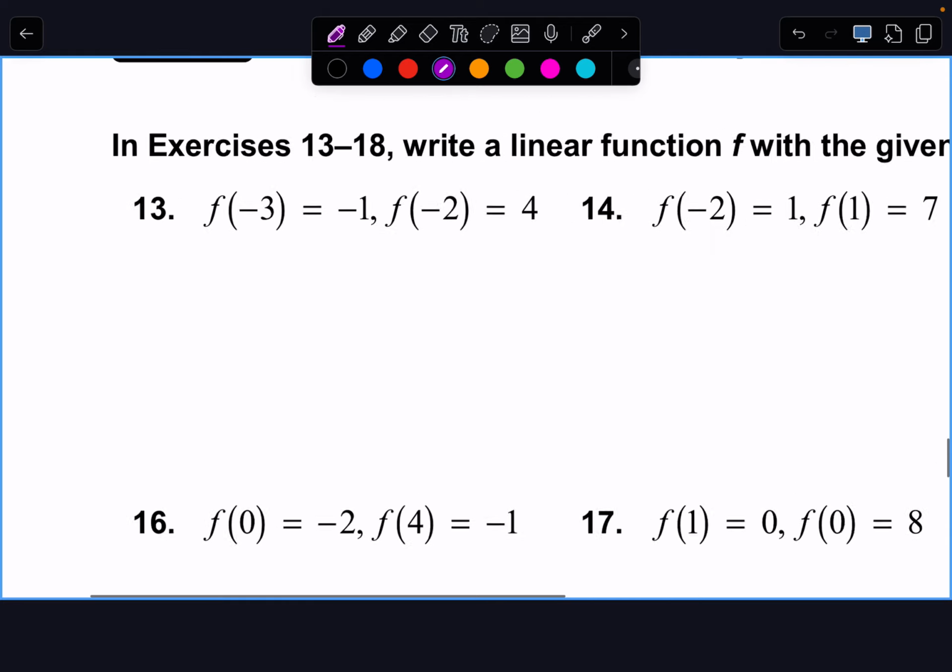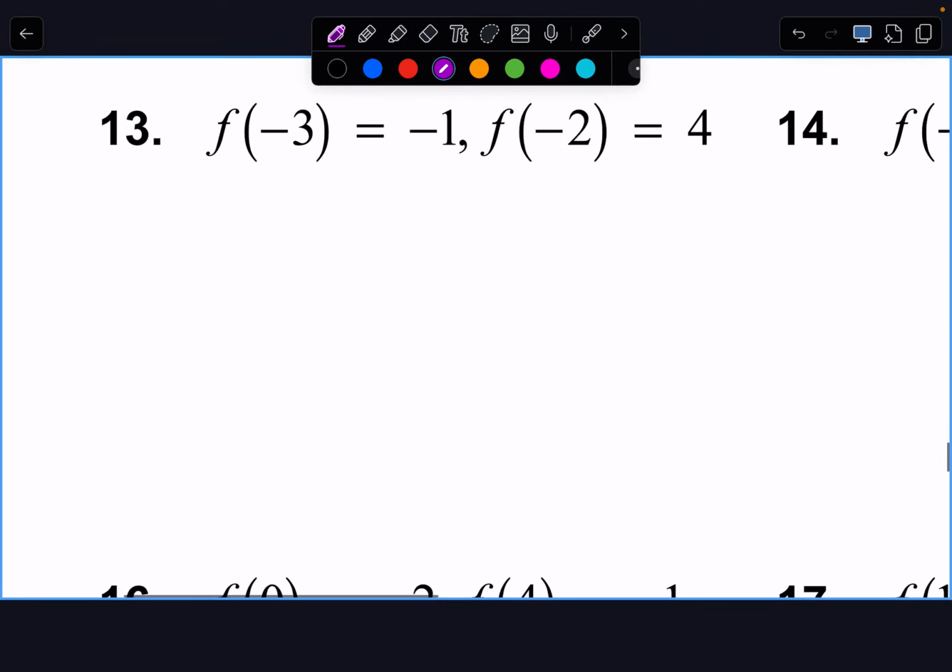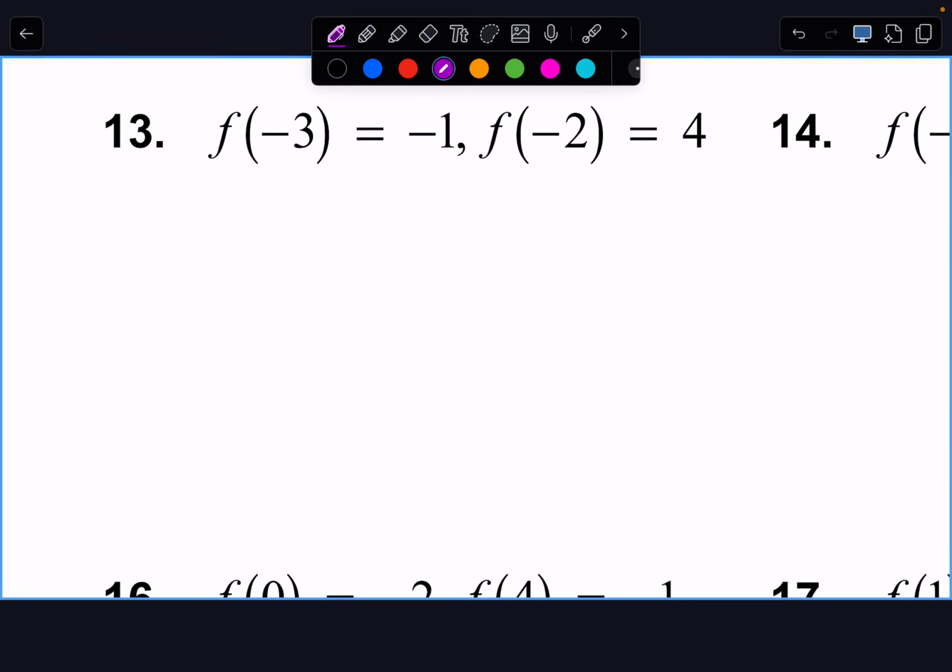Next page. I want you to look at 13. I want to know what the linear function is. Okay, so I'm looking over somebody's shoulder and they wrote this, -3, -1, and -2, 4.